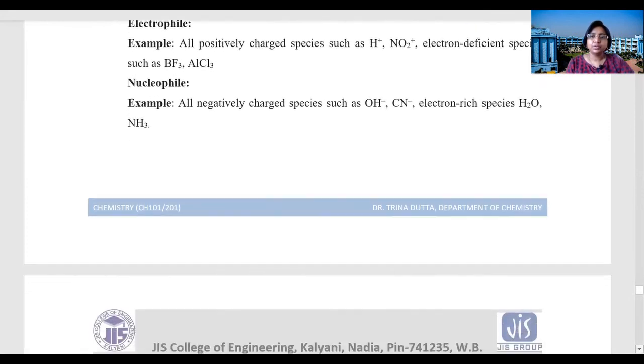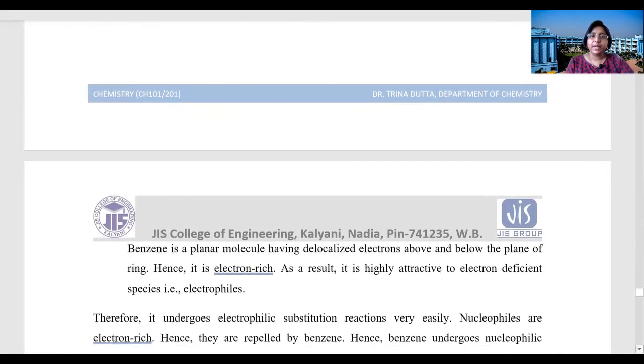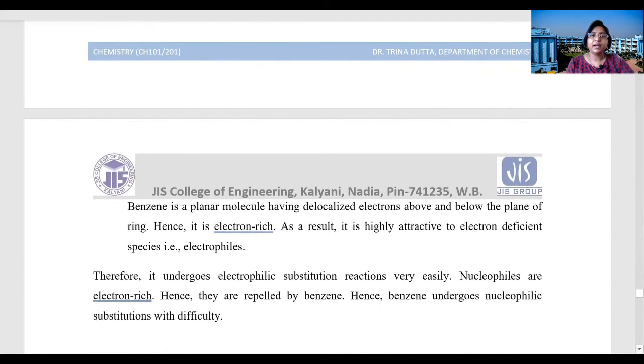Benzene is a planar molecule having delocalized electrons above and below the plane of the ring. Hence, it is electron rich. As a result, it is highly attractive to electron deficient species, that is, the electrophiles.